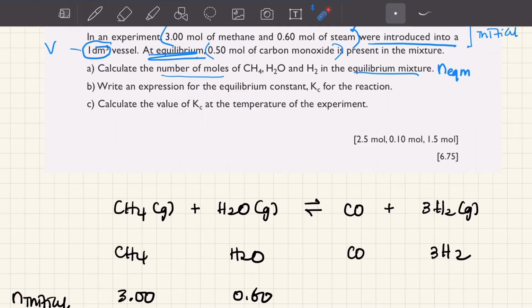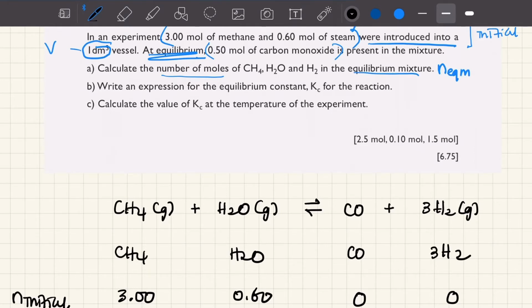Note, initially you only have your reactants. You haven't formed any products. So this part will be 0. You don't have your carbon monoxide, and you don't have your hydrogen gas yet.